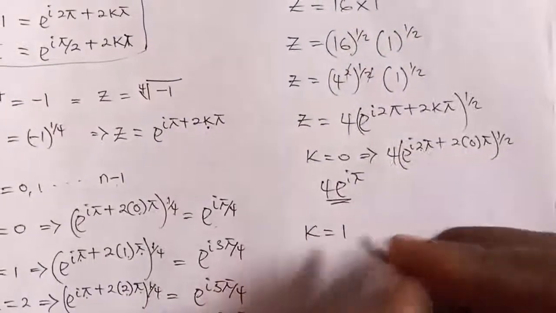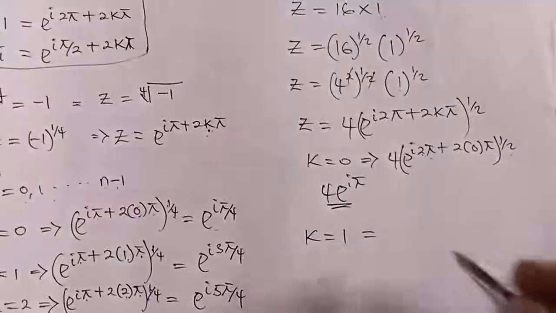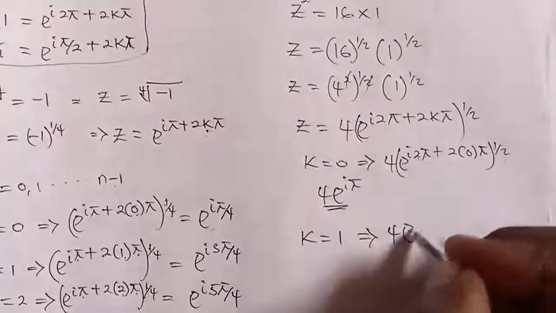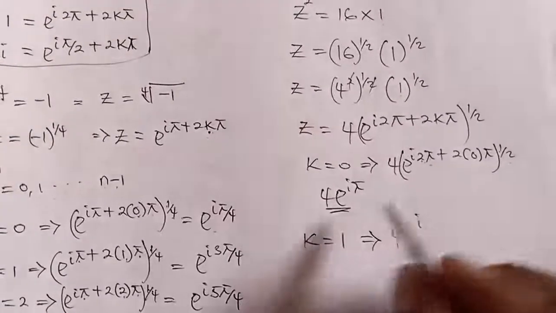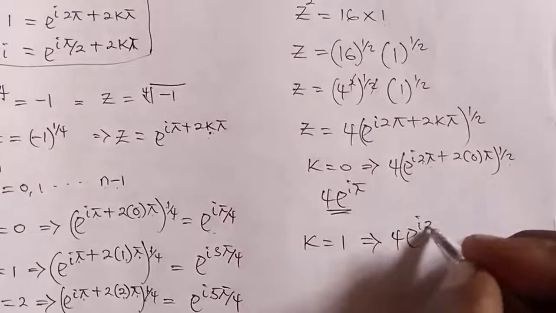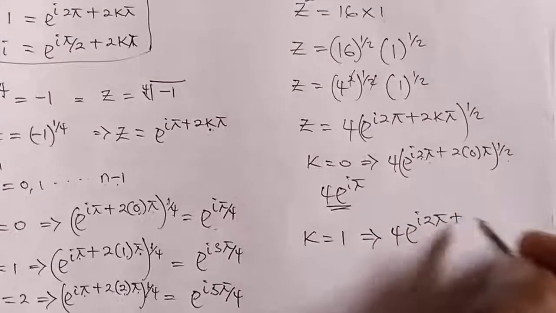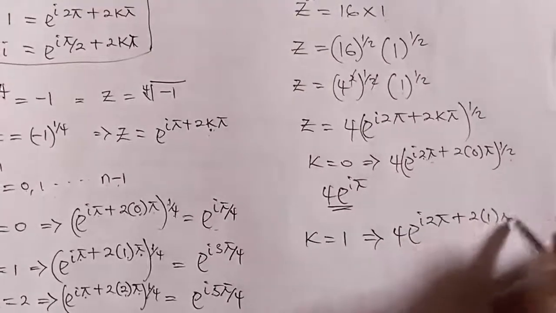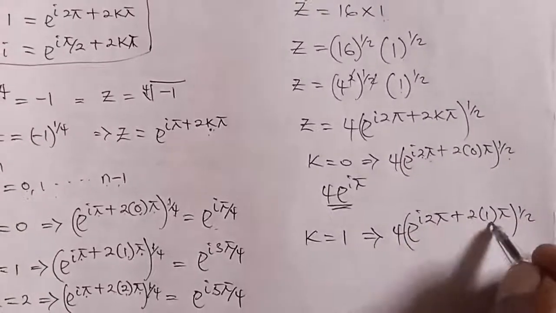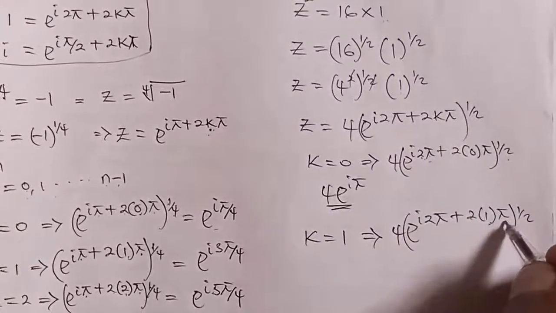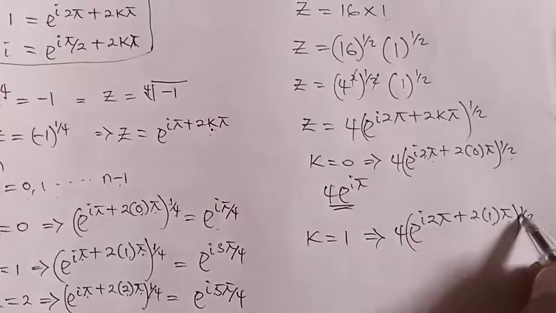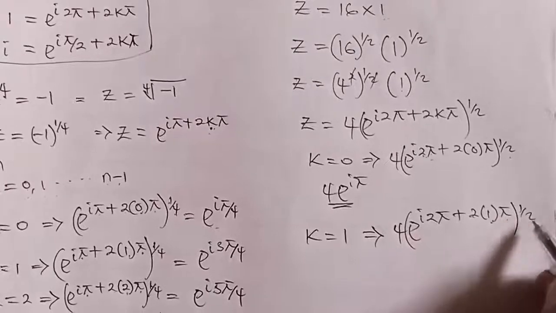When k is 1, we have 4 e to the i. Let's write it out first: 2 pi plus 2 into 1 pi, to the power 1 over 2. So we have 2 times 1 is 2, 2 times pi is 2 pi. 2 pi plus 2 pi is 4 pi. 4 pi times 1 will give you 4 pi, 4 pi over 2.